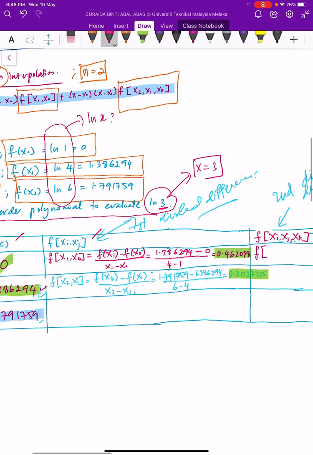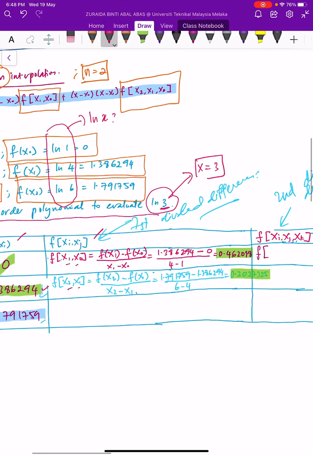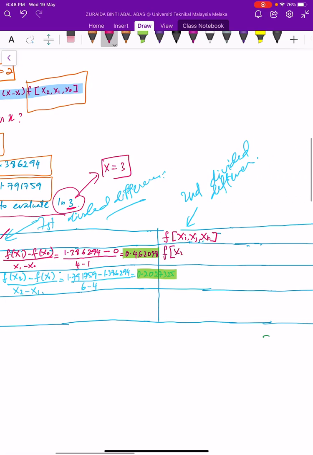At the moment we only have x2, x1 and x1, x0, so it's going to be x2, x1, and x0.